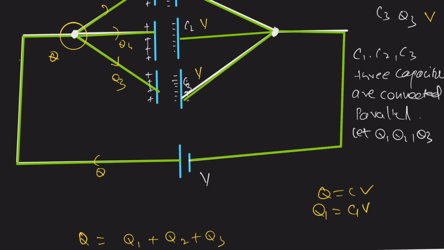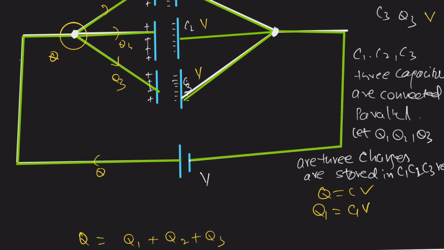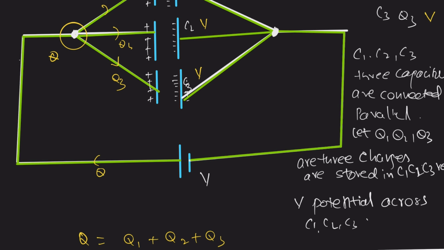Let Q1, Q2, Q3 be the three charges stored in C1, C2, C3 respectively. Let V be the potential across C1, C2, C3 respectively.